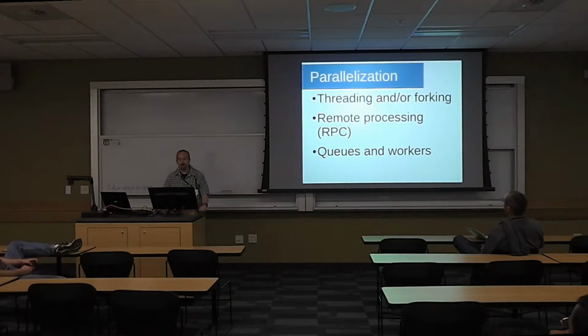Like I said earlier, there are multiple tools for parallelizing your tasks. We've had threading and forking on various systems for several years. Threading is fairly recent on most Unix systems, forking having been the preferred method for a long time. Forking has some limitations. You have to copy the entire process, but it is a complete duplicate of the entire process and picks up with the exact spot that you forked from.